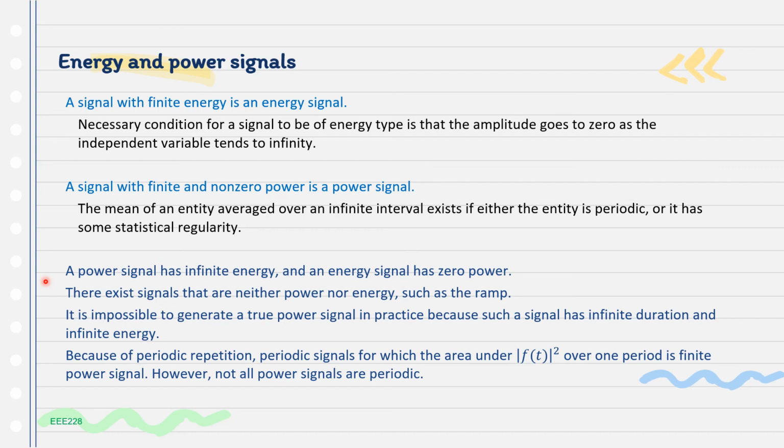So what this means is that a signal can either be a power or an energy signal. It cannot be both. However, there exist signals that are neither power nor energy, such as the ramp function. You can try the ramp function.